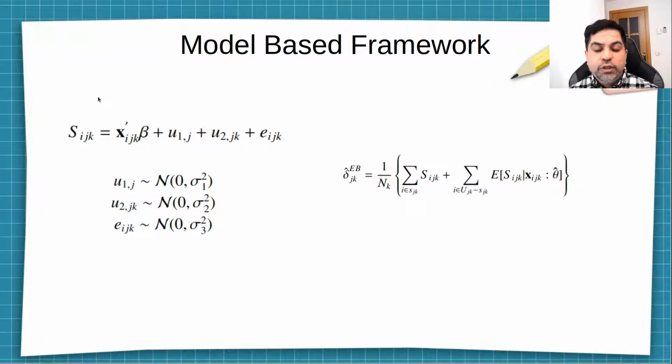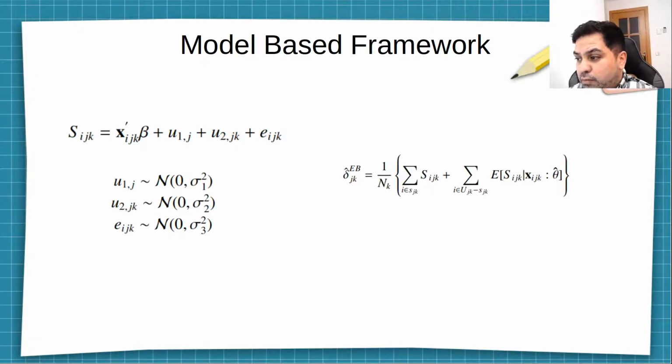So what happens when we try to integrate this socioeconomic data into our process of estimation? We have to include a model to link them. So we move from a design-based framework to a model-based framework.